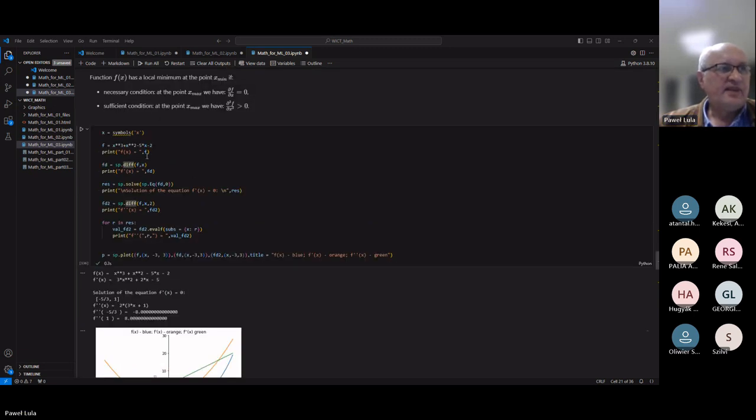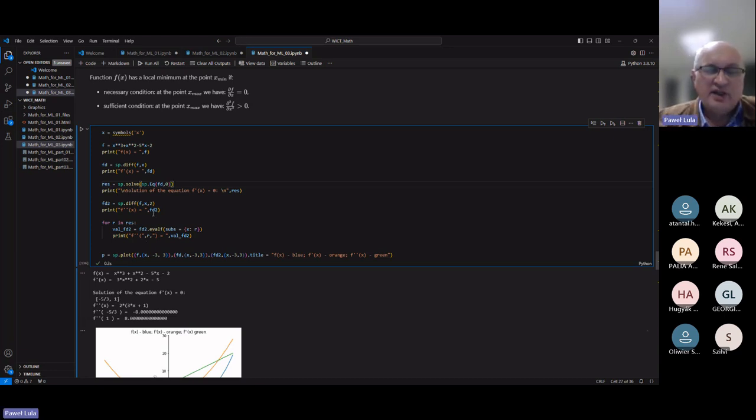And the program is here. The first part is the same. I defined the f function. It is the same function as I used before. After it, I calculated the first derivative. After it, I solve here the equation that the first derivative is equal to 0. And I found these values, which I remember from our previous example.